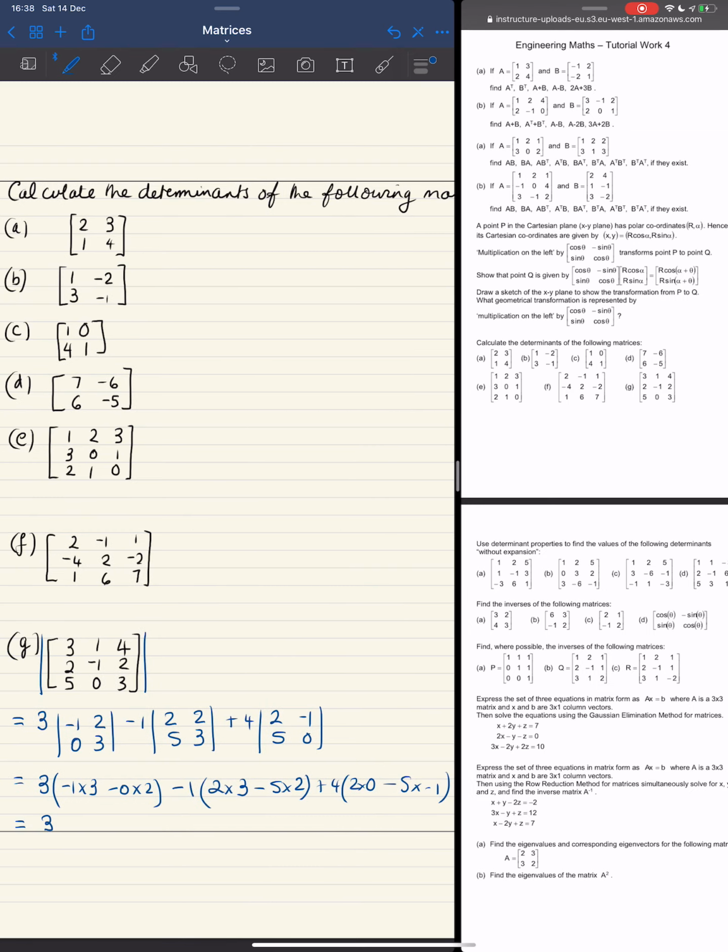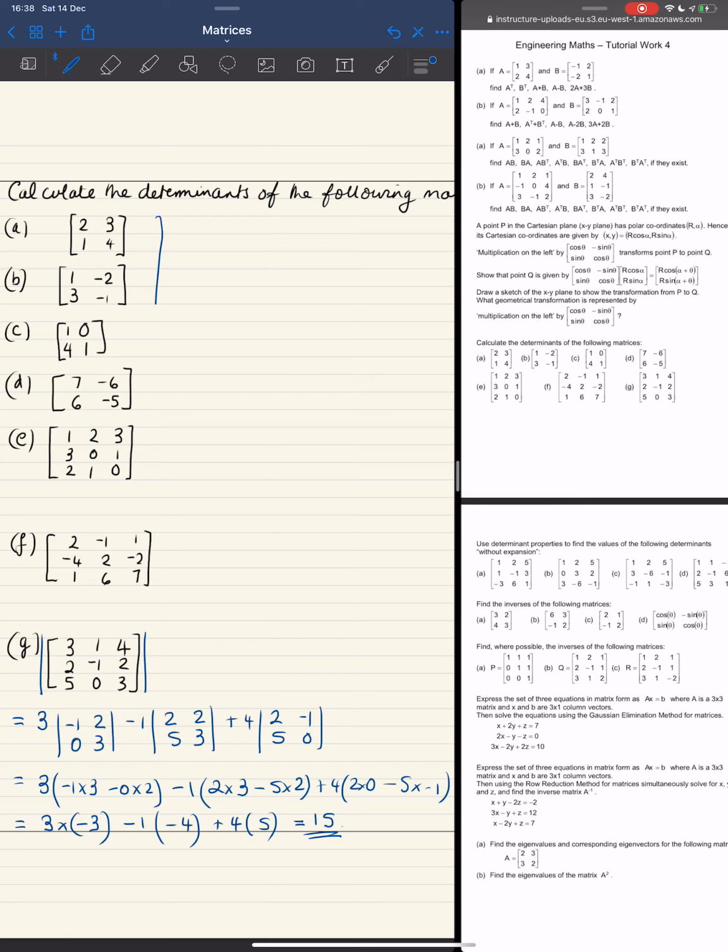So this is 3, and it's going to be minus 3 inside that bracket because of that 0, minus 1, and then this is 6 minus 10, so it's minus 4, and this is going to be 4 times 5. So it's minus 9 plus 24, which is 15.